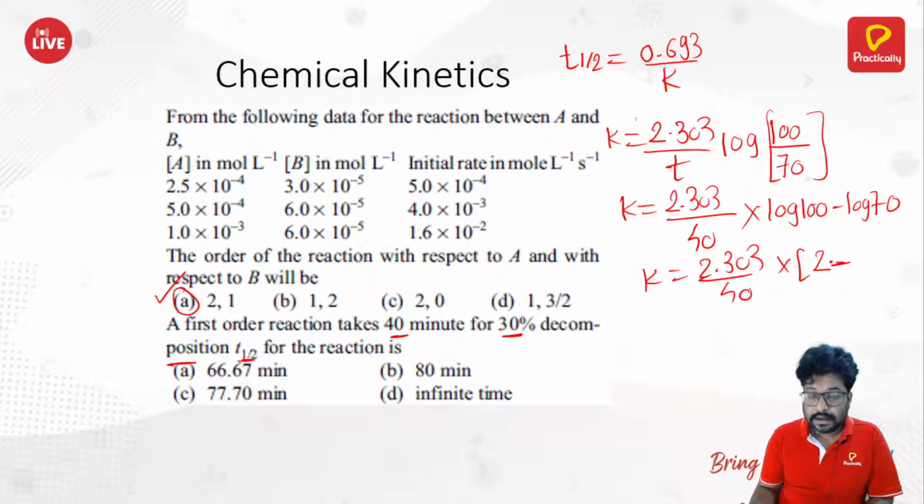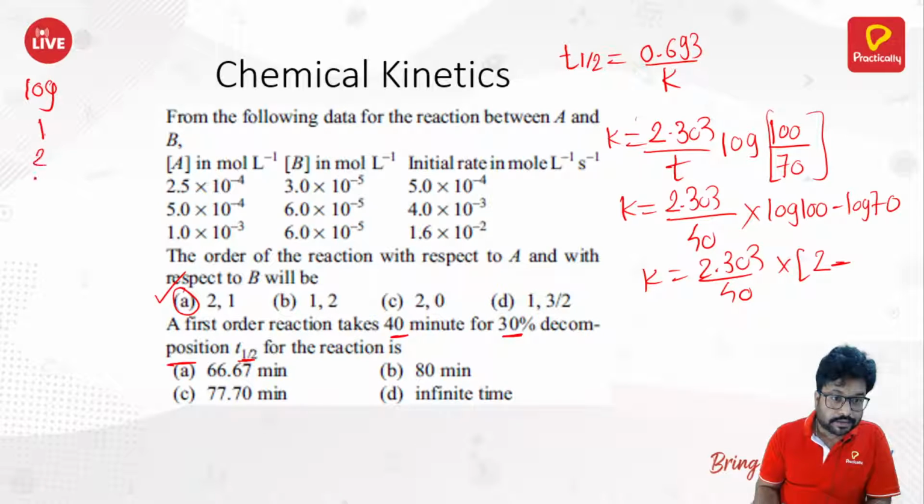K is equal to 2.303 upon 40 into log of 100 is how much? 2, right? Because 100 is 10 raised to 2. And log 70 is how much? Let me tell you the trick for log values of different numbers, 0 to 10 I mean to say. 1, 2, 3, 4, 5, 6, 7, 8, 9, 10. For 1, it's 0.